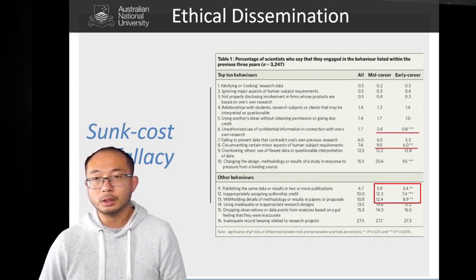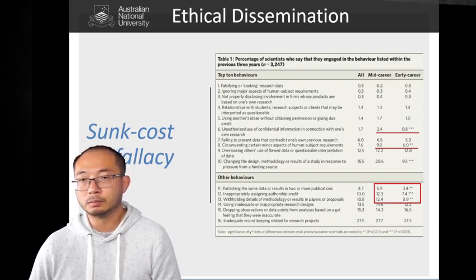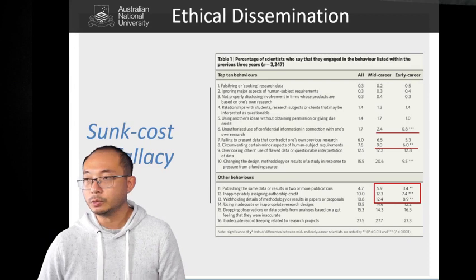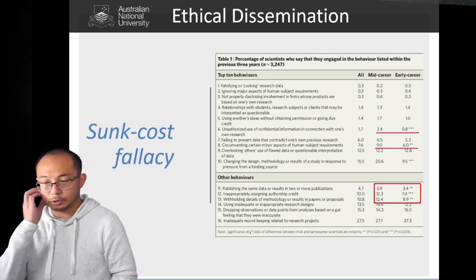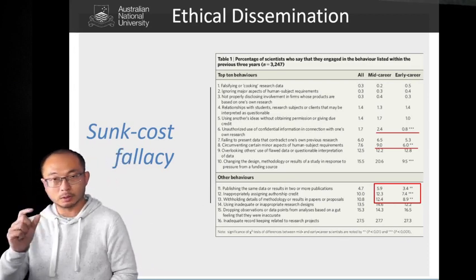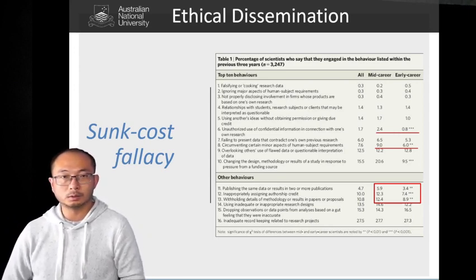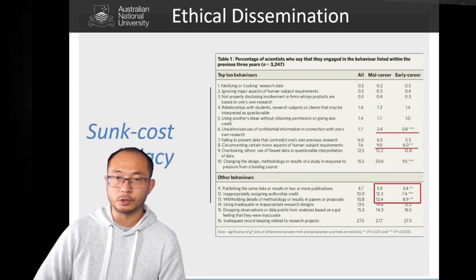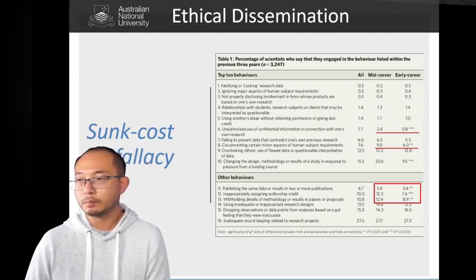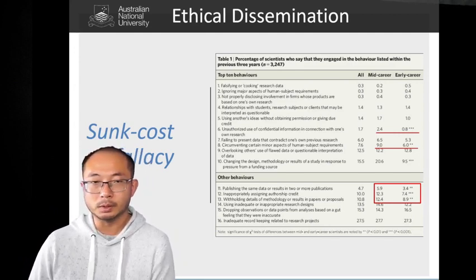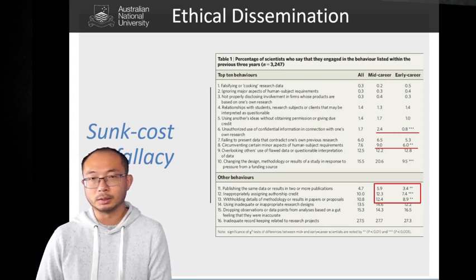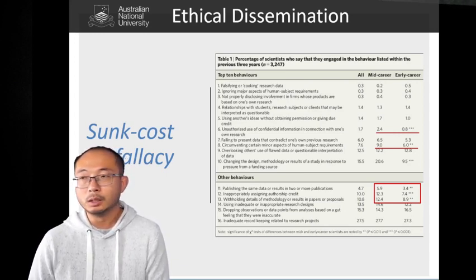They're still fresh, not putting very much to lose. But mid-career researchers, especially those on the cusp of tenure or the full professorship, then there becomes a statistically significant difference in their behaviors.